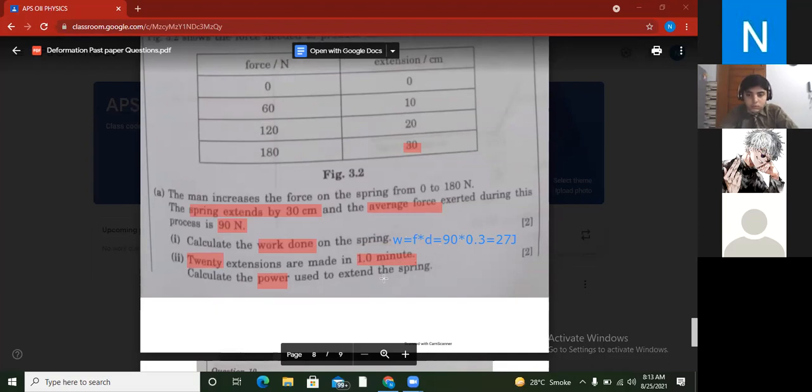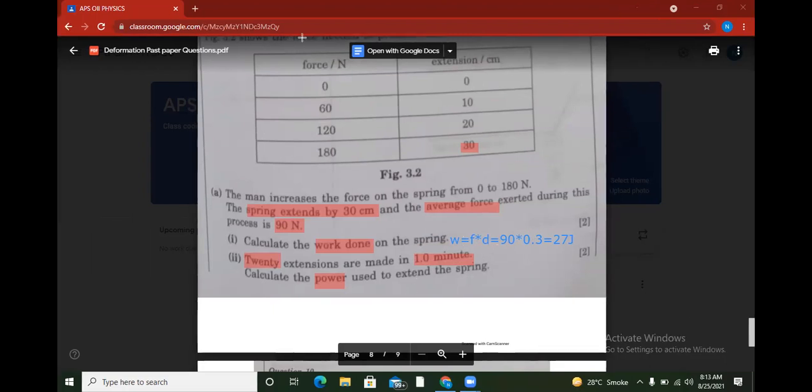Formula of power is actually work done divided by time. Power is equal to W divided by T. Okay.